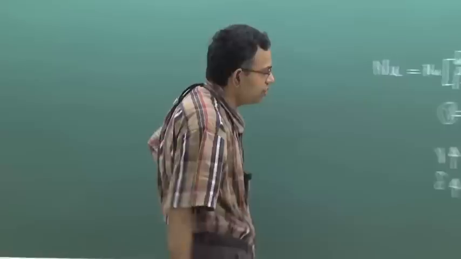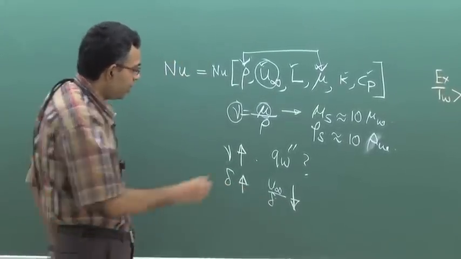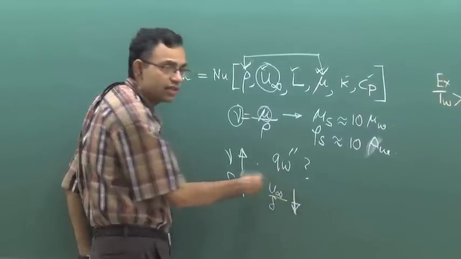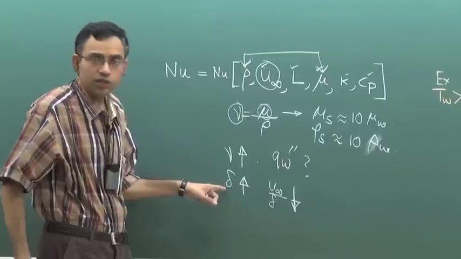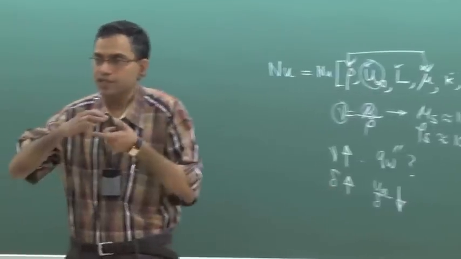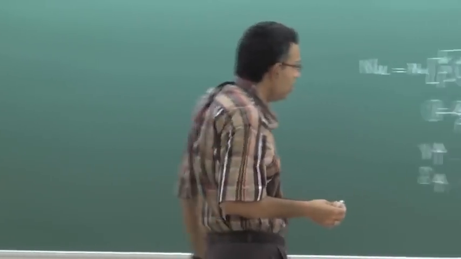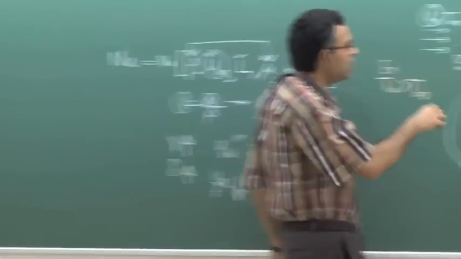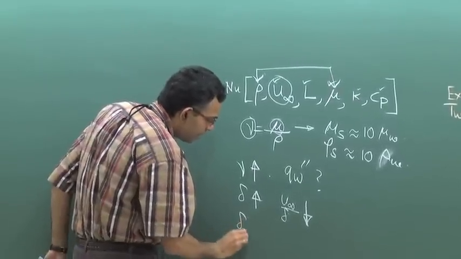Now, it can be shown, we will discuss velocity gradients later, that similar to the boundary layer within which the velocity gradient occurs, there is a boundary layer within which the temperature gradient also occurs, that is known as the thermal boundary layer. So, in the thermal boundary layer, the temperature will change from T wall to T infinity. Let the thickness of the thermal boundary layer be delta T.